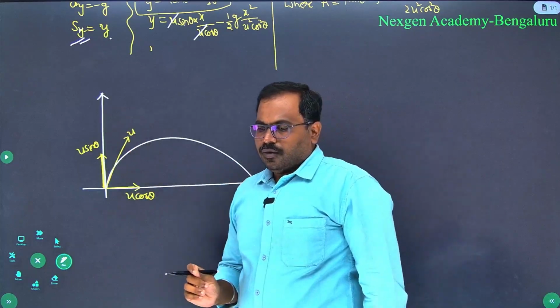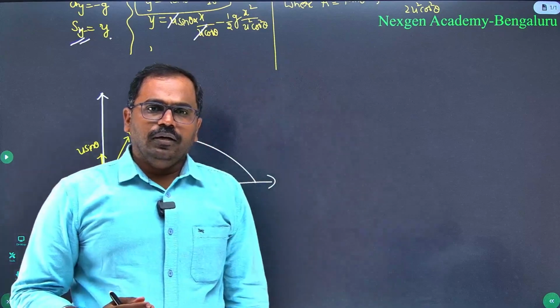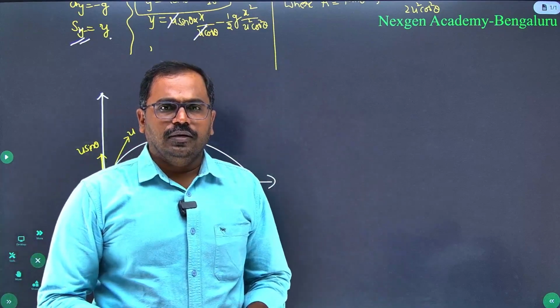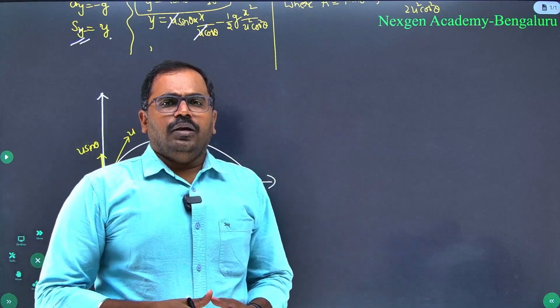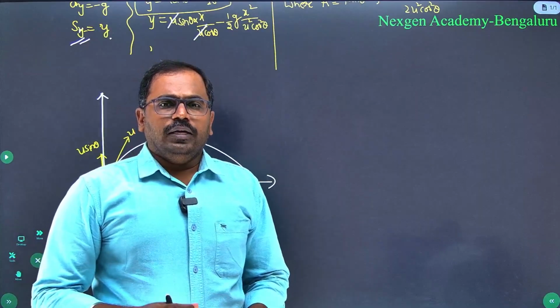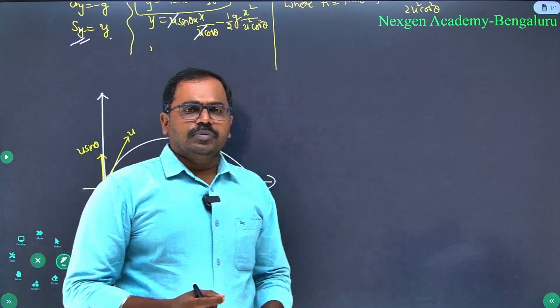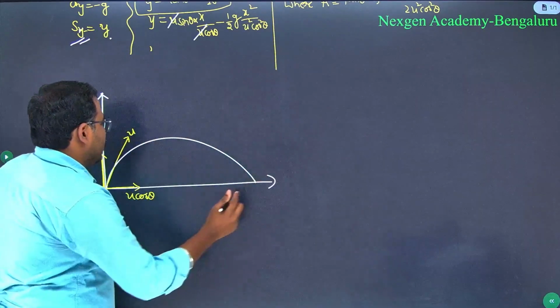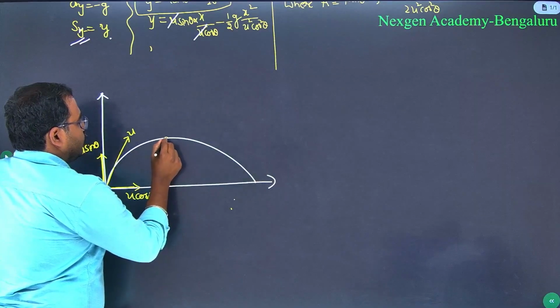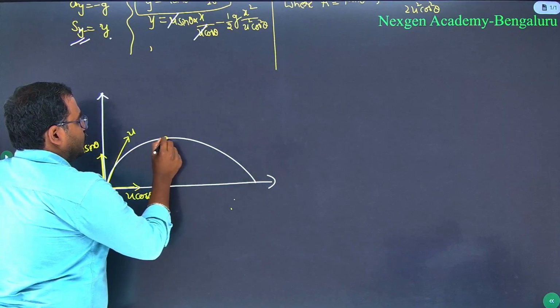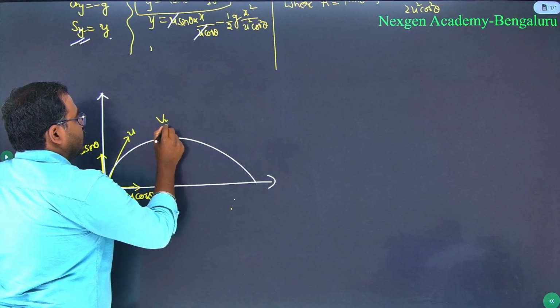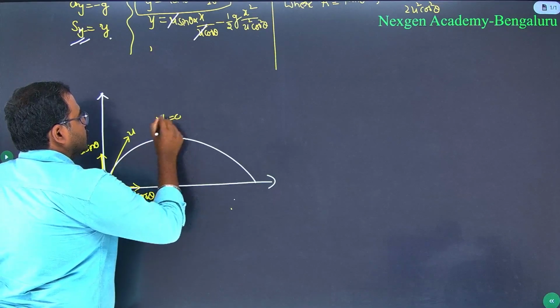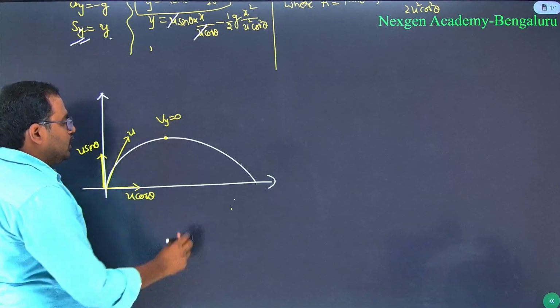As a result, the vertical component of velocity continuously decreases, and finally at one point the vertical component of velocity becomes zero. Look at this, this is the point where the vertical component of the velocity is zero.